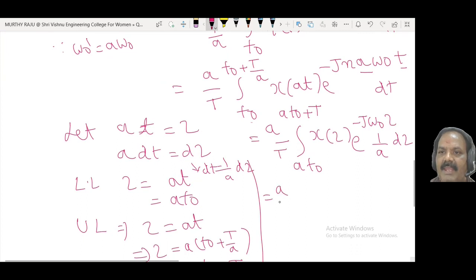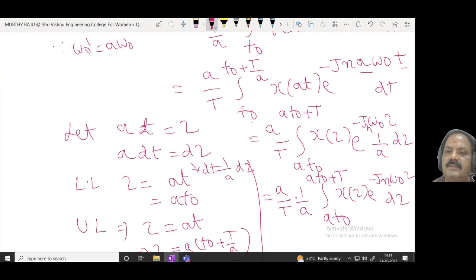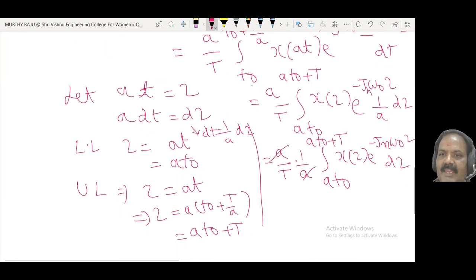That is equal to a by T times 1 by a, integral from a t naught to a t naught plus T of x of tau e power minus j n omega naught tau d tau. The a cancels. Therefore 1 by T, integral from a t naught to a t naught plus T of x of tau e power minus j n omega naught tau d tau.